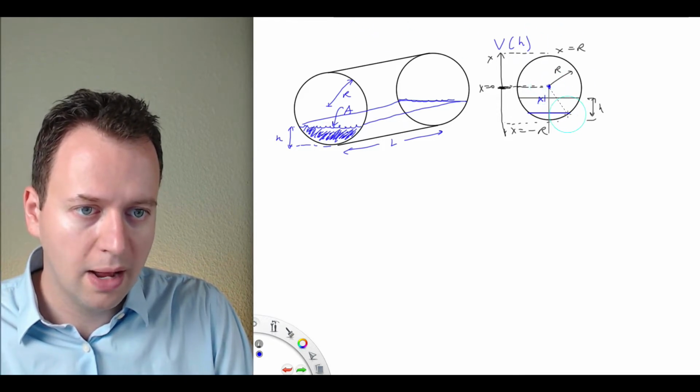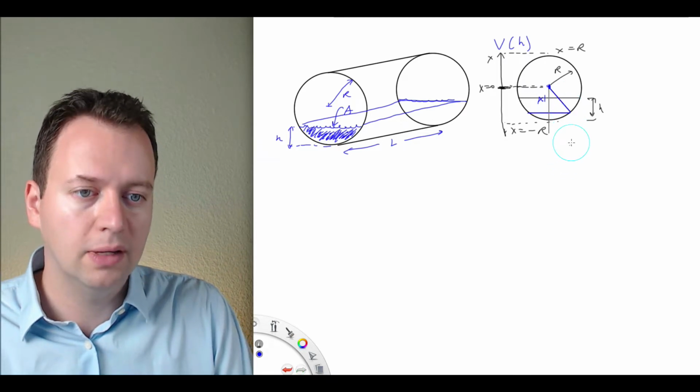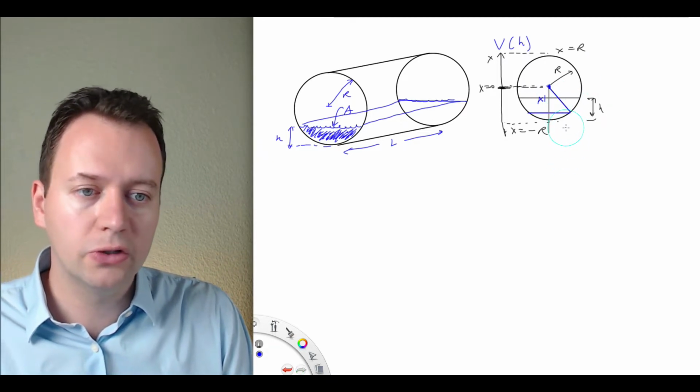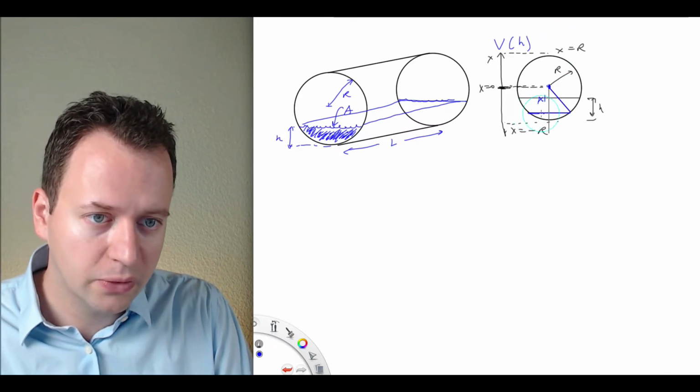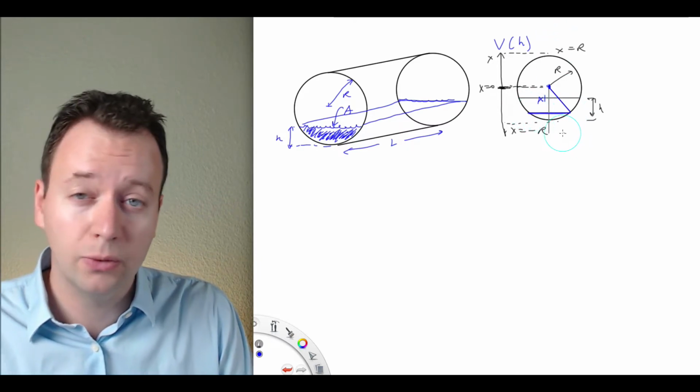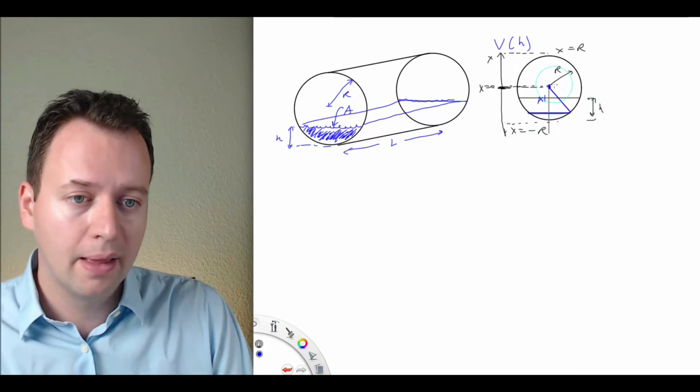And then meanwhile, let's consider a right triangle like this. So we're going to use this right triangle to find the length of this slice right here as a function of x, which is basically a function of the height.